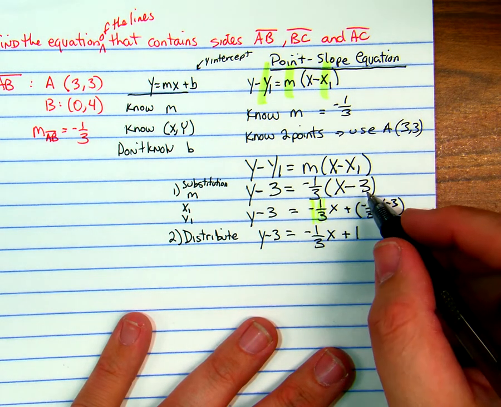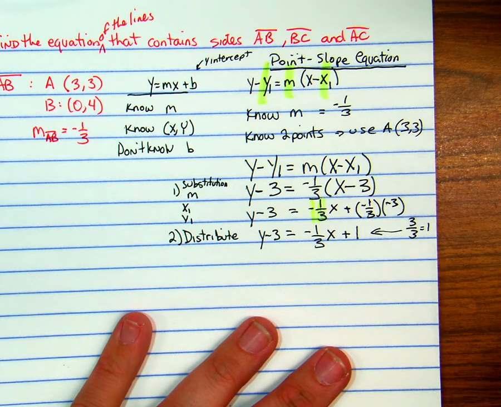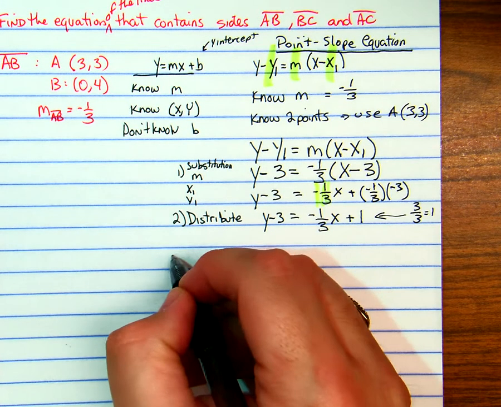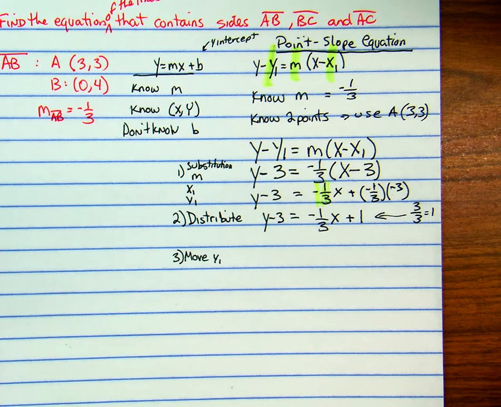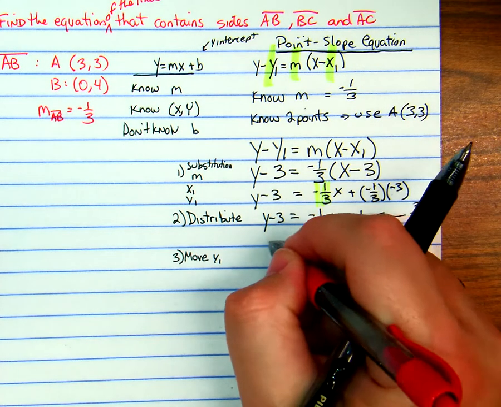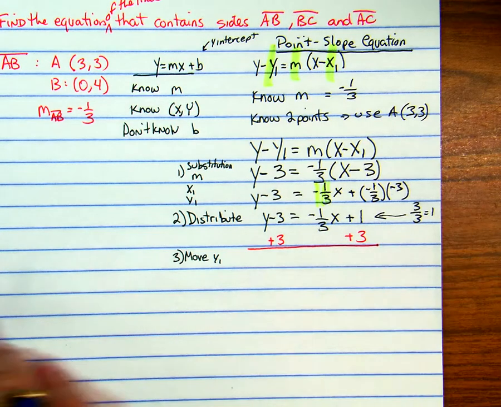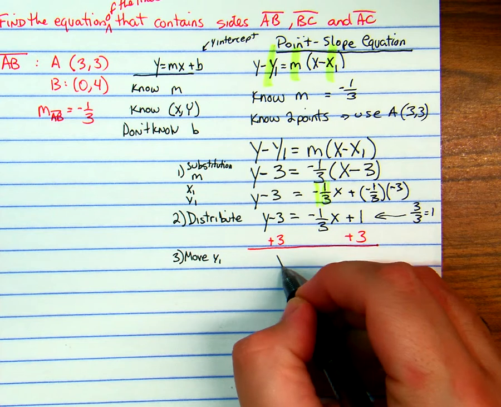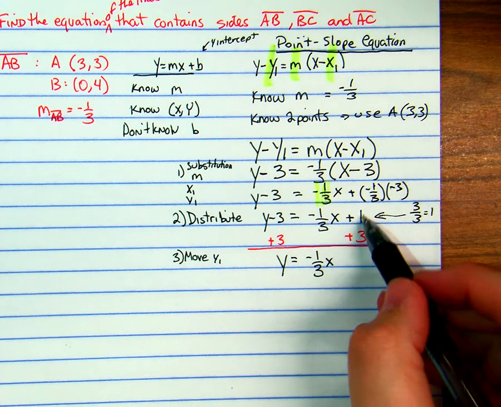Now, do we want to leave it like this? Now you want to move the y sub 1. So, in this case, I want to add 3 to both sides. Negative 3 plus 3, that's 0, so I get y is equal to negative 1/3 x. What's 1 plus 3? Plus 4.